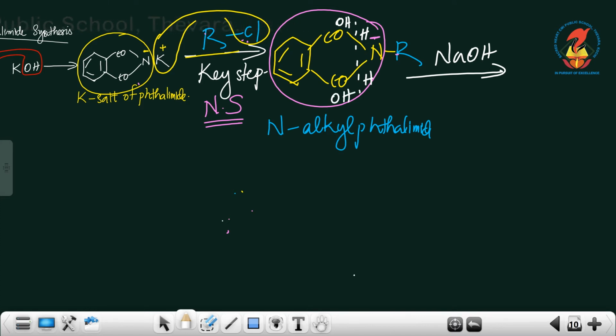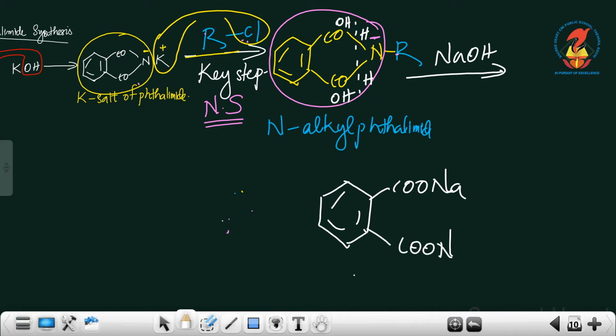So what we will get: benzene ring, COO. H we won't get because we are using basic water. So you will be getting COONa, COONa plus, and now there is breaking of the bond, and we will be getting RNH2.